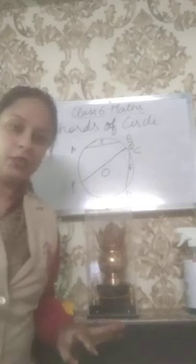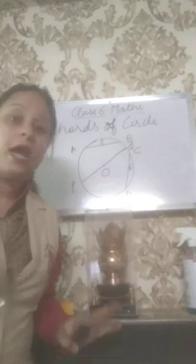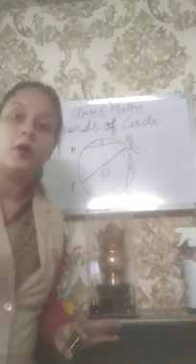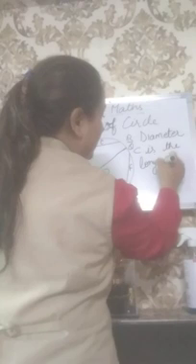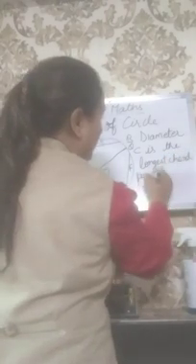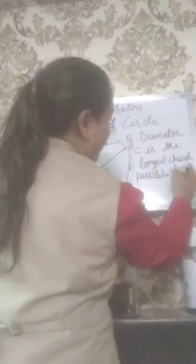Now, I am going to tell you something very important. Diameter is the longest chord possible for a circle. Okay, I will repeat. Diameter is the longest chord possible for a circle.